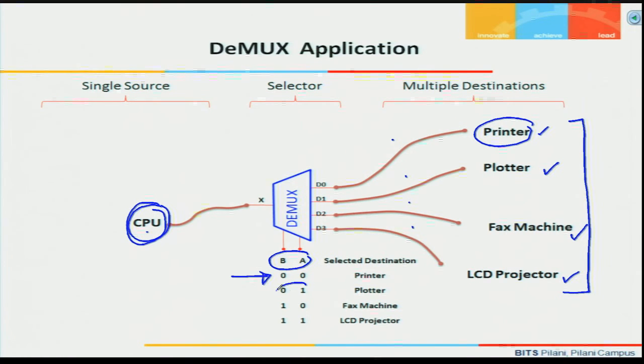If it is 0, 1, processor information is plotted. I could connect it to a fax machine, or I could project the information onto a screen. So I am able to connect a single device to one of the many devices with the help of a demultiplexer, where the many devices share a common input line.